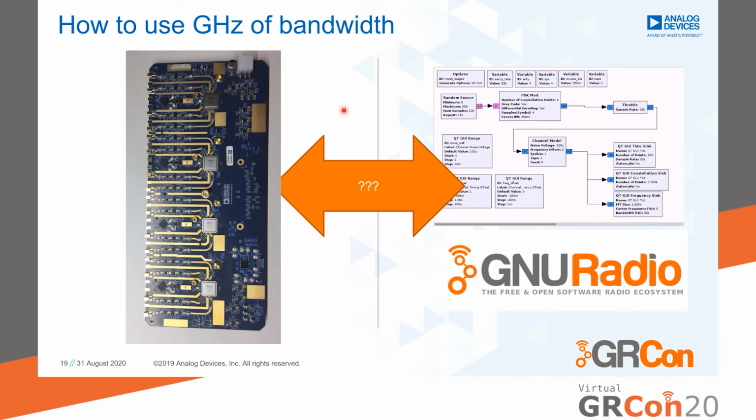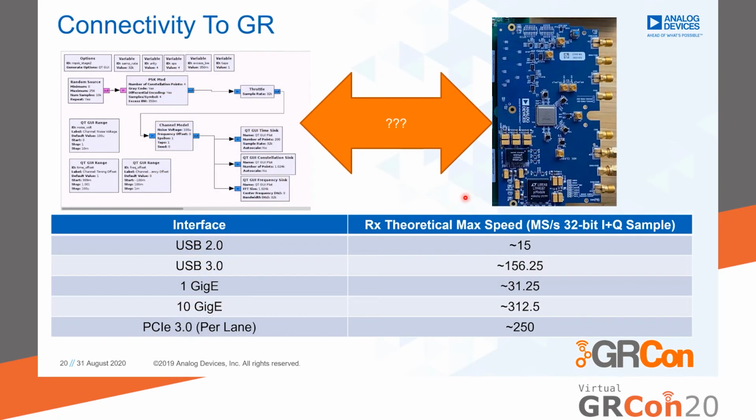Now, the question is, how do you use gigahertz of bandwidth, right? Are you just directly connecting this into GNU Radio? Maybe we can ask a simpler question.